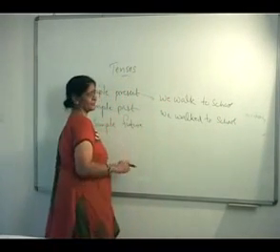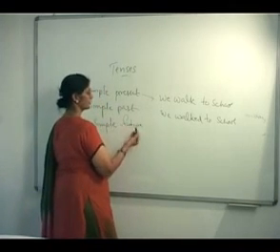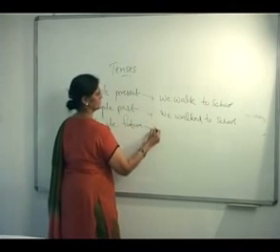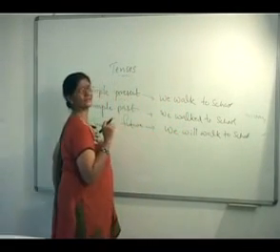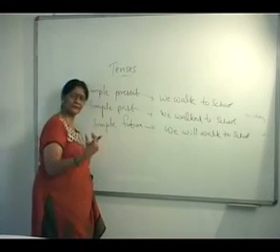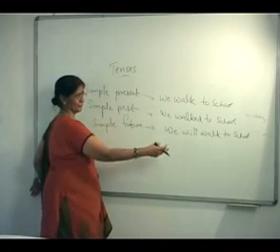Bus was not available, so they had to walk to the school. So we walked to school yesterday. Simple future. We will walk to school. So tomorrow buses are not available. So what will you do? We will walk to school. It conveys the action that is going to happen tomorrow.